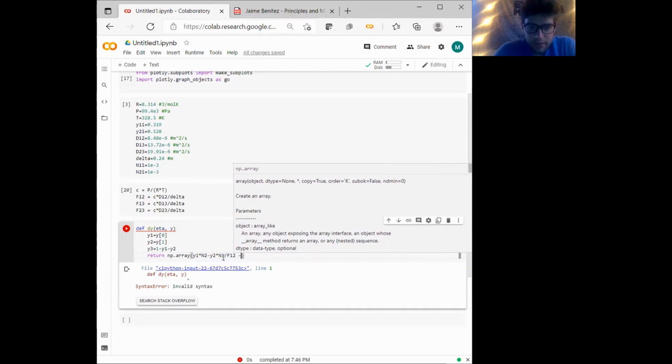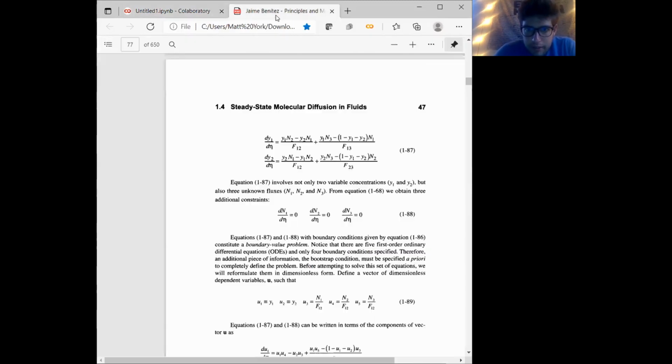And then it is subtracted by, because N3 would be 0, as we defined earlier, since there's no more flux of air, we are just going to do subtracted by y1 times the molar flux of acetone divided by F13.